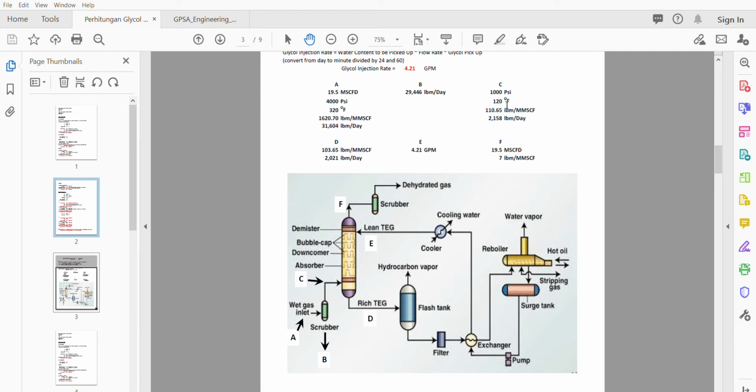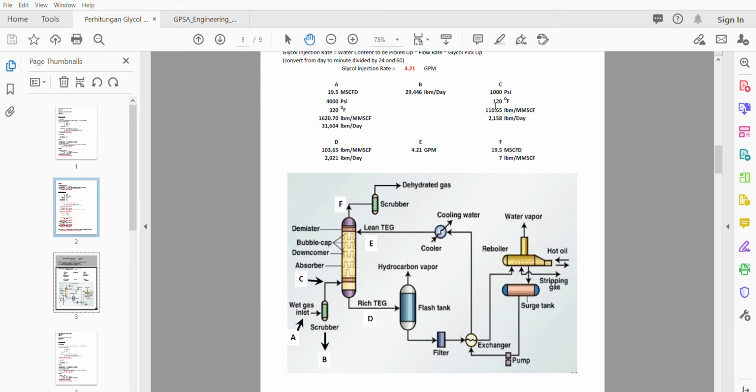So the rest of it, 31 minus 2.1, 29, is dropped outside from the scrubber. And then from this one we have to make from 110 to become 7. 7 is our requirement.